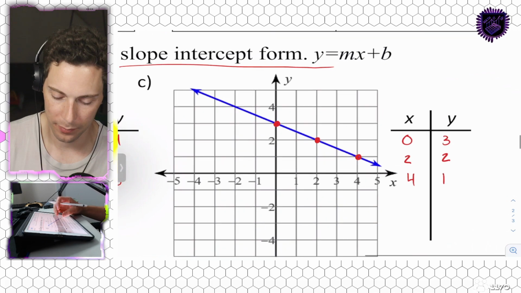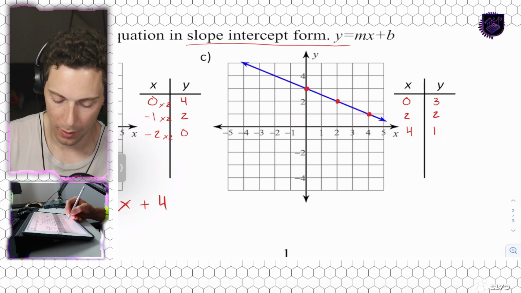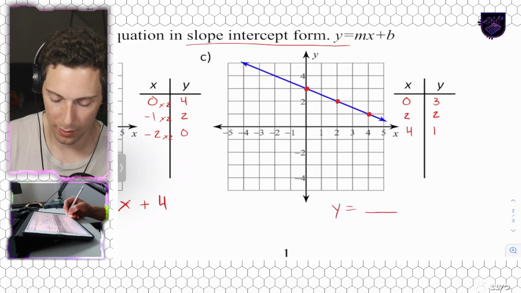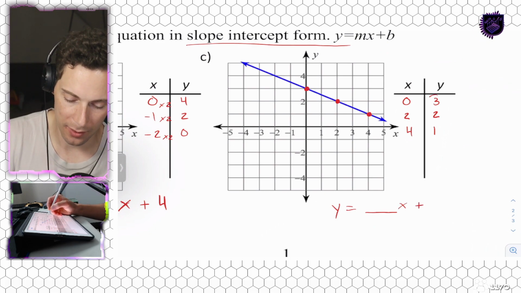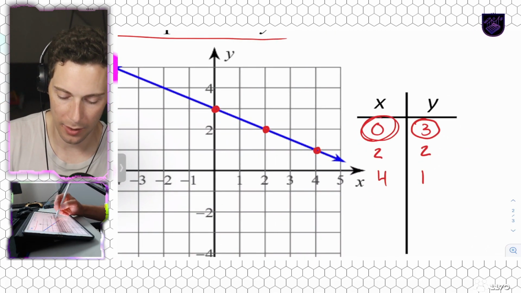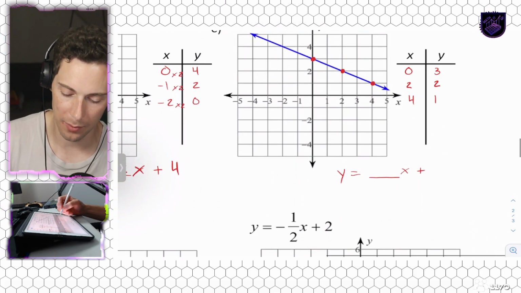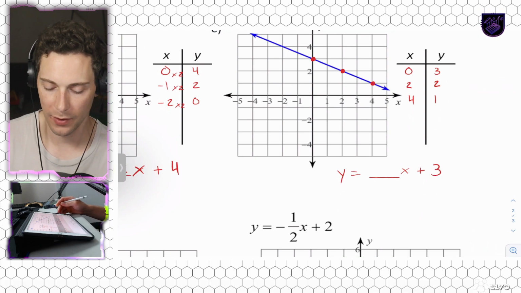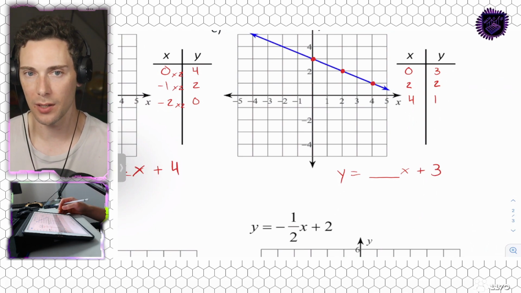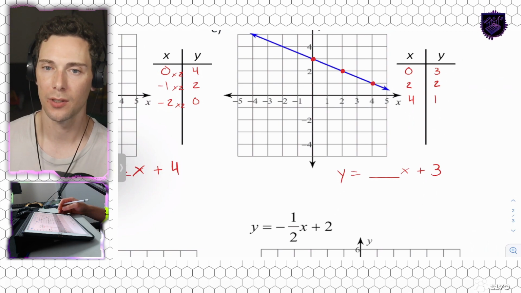So again, if x is 0, y is equal to something x plus something. It has to be this number here, because where x equals 0, anything times 0 is going to be 0. So it has to be 3. Because if x was 0, it would be y is equal to 3 on the graph. That's the intercept. That's the y-intercept.